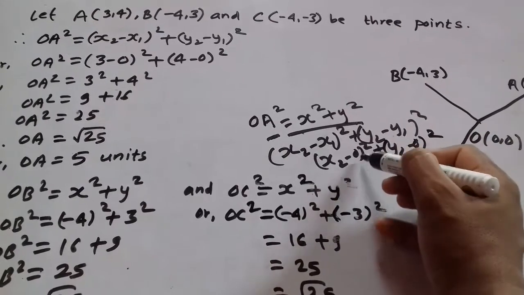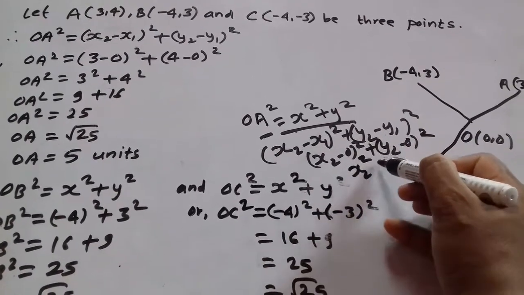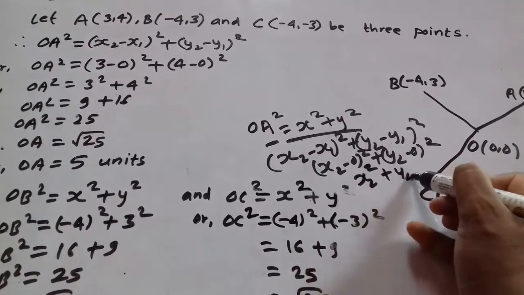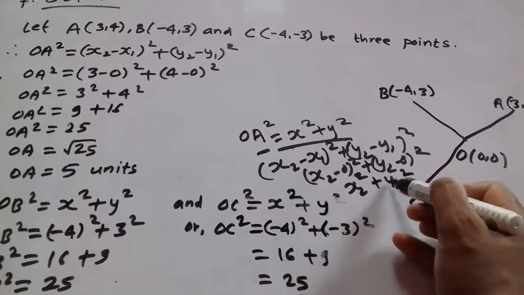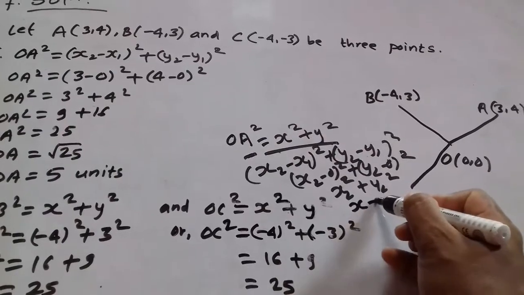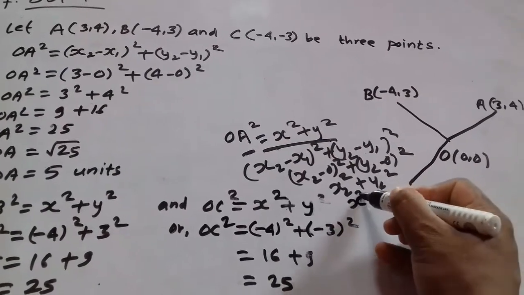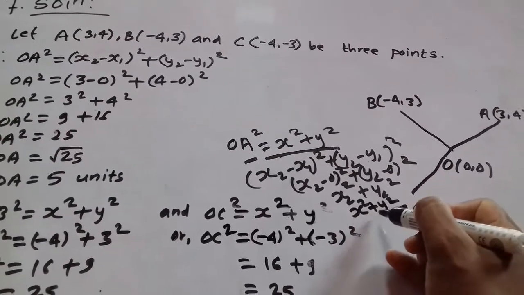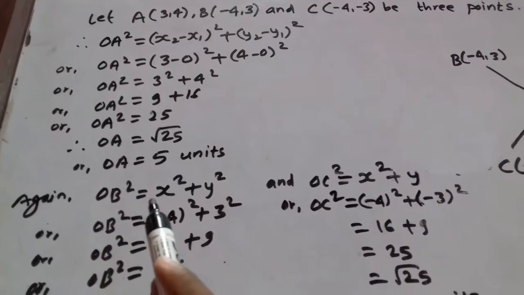This becomes x2 square plus y2 square. Because there is only one point, we can consider x2 as x only and y2 as y only. So this becomes x square plus y square. In that way we have done here.